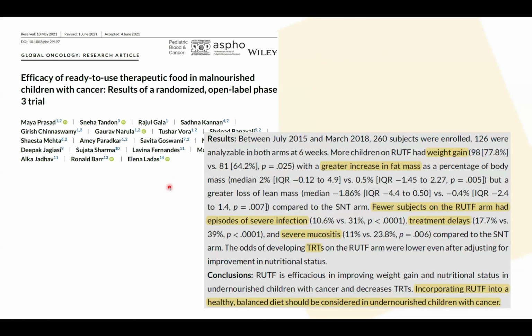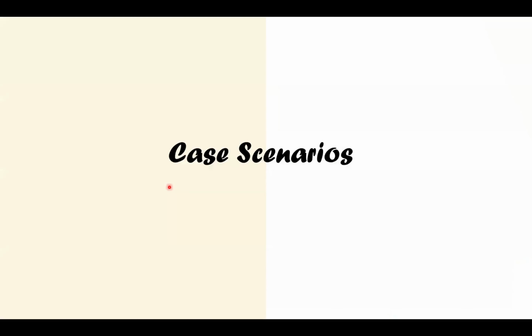And fewer subjects on this arm had episodes of severe infection, treatment delays, severe mucositis, and treatment-related toxicity. So they have concluded incorporating RTF into a healthy, balanced diet should be considered in undernourished children with cancer. So there's no doubt nutrition plays an important role in cancer management.